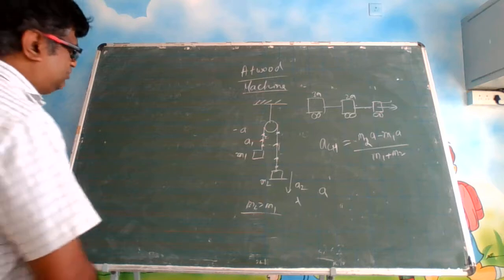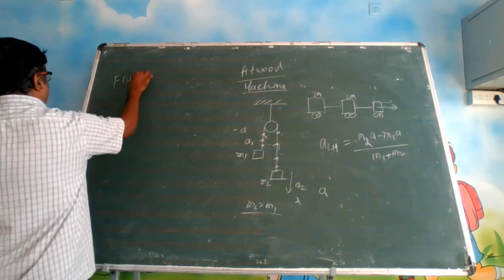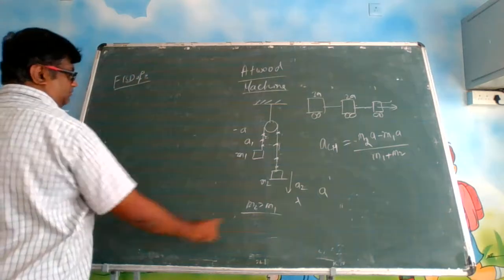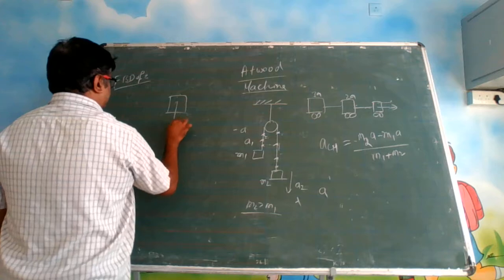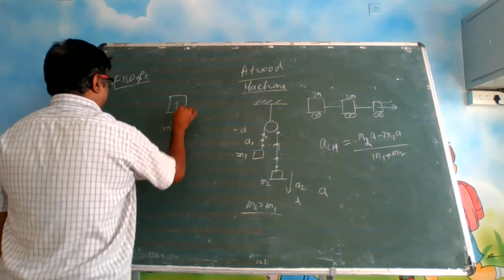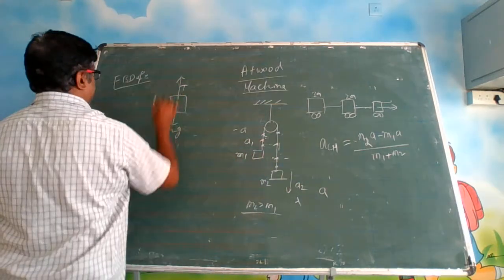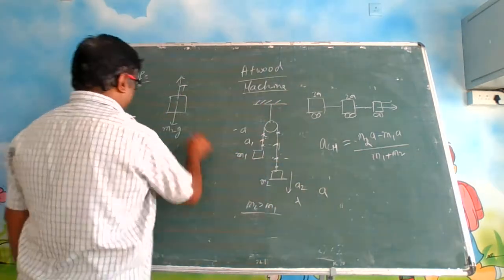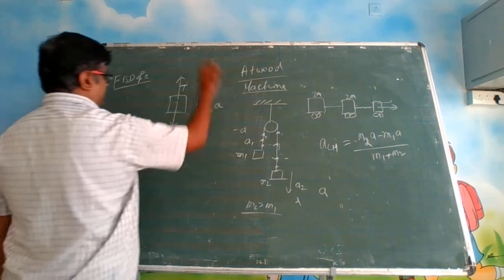Alright, let us draw the free body diagram. Let us draw the free body diagram of block 2. How will it look? This is going down. If you cut it here, you will see a tension. This block is going down, we are calling it M2A.